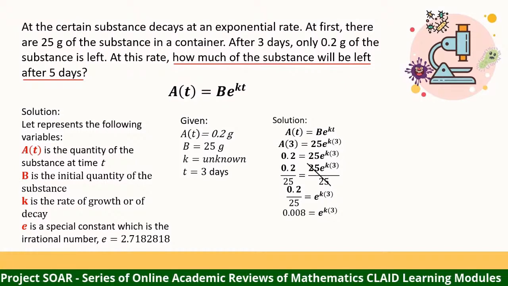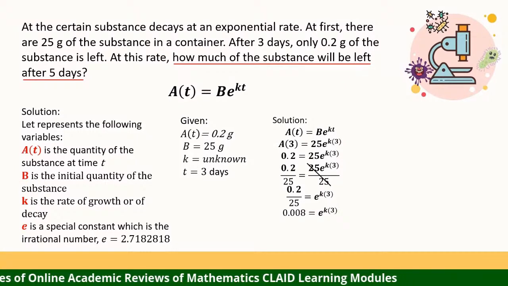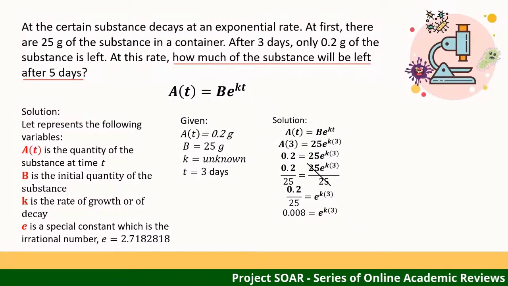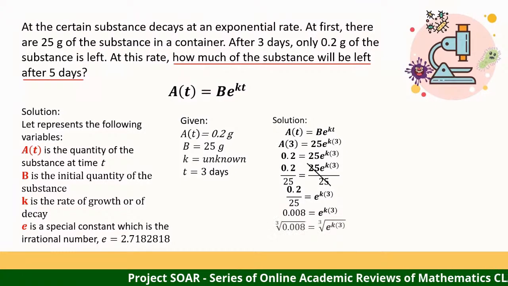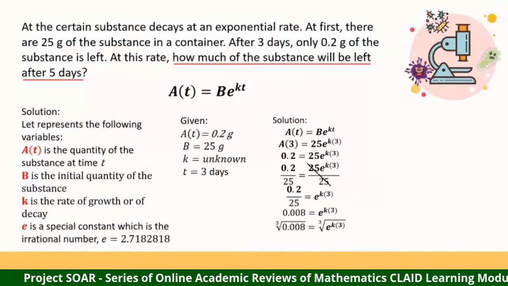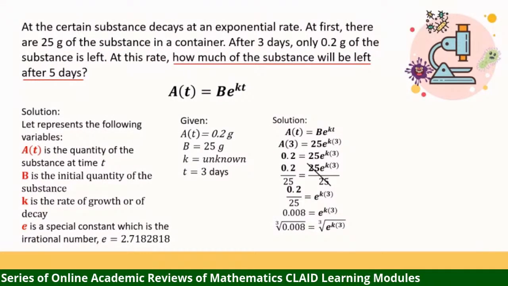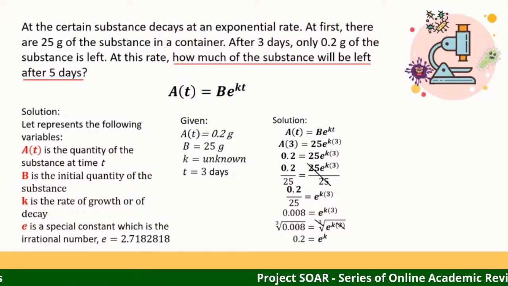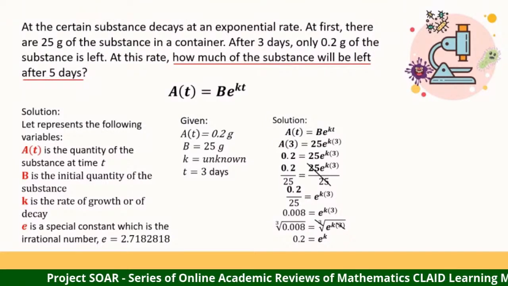As you can see, we don't have the value for the K. So to get for that, we have to get first the cube root of both sides. Okay, so we have cube root of 0.008 is equal to cube root of E raised to K times 3. So we come up with 0.2 is equal to E raised to K.